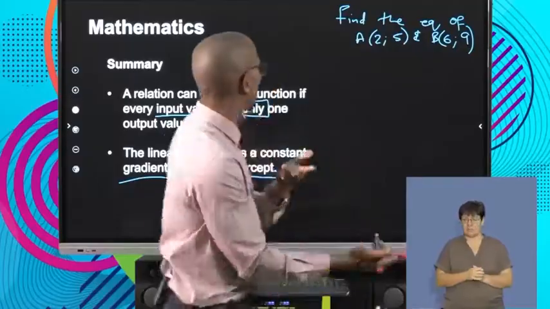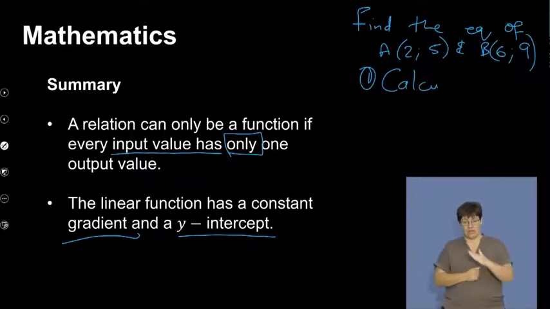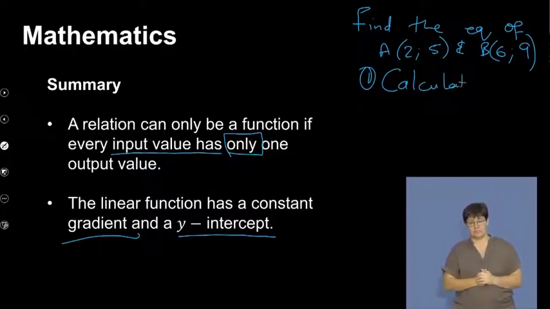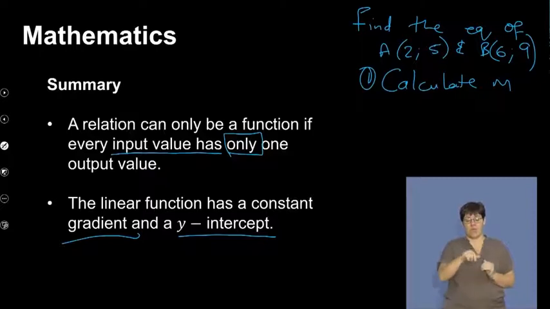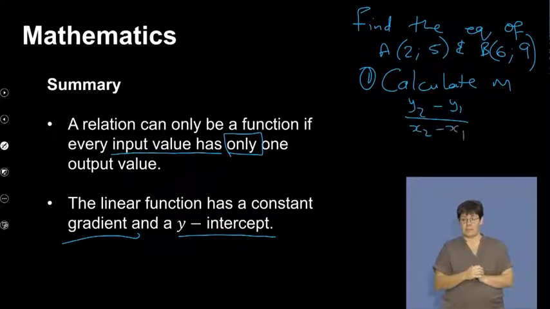So here, the very first thing that I know you are thinking about already will be to calculate the gradient. Calculate the gradient, right? And that will be y2 minus y1 over x2 minus x1, and then you plug the values in, which is something that you are going to do. The y2, you can treat it as the B there. The ones, you can treat them as the A there.